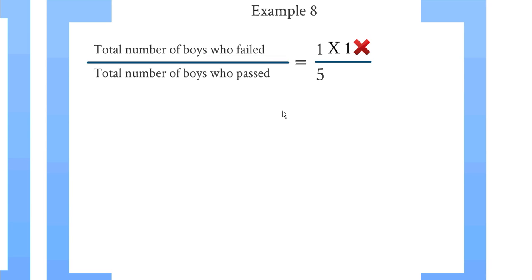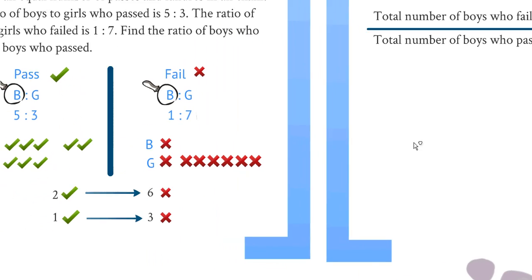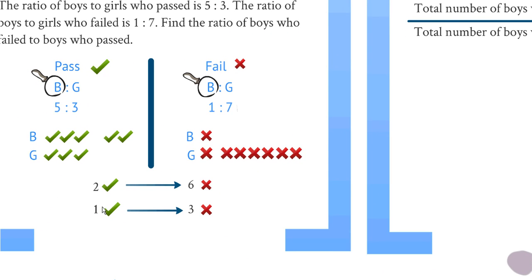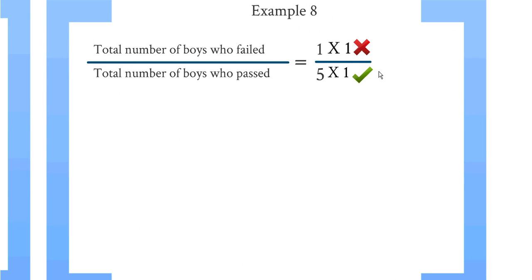So total number of boys who passed would be 5 multiplied by 1 check mark, the units representing boys who passed. But we note now that 1 tick mark is equivalent to 3 crosses. So we are going to replace this green check mark with 3 crosses.